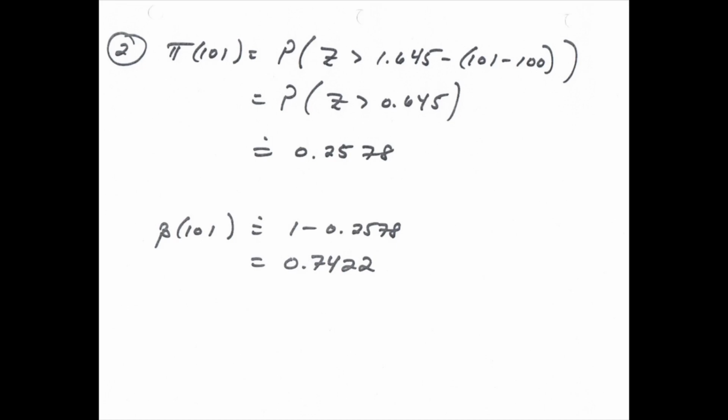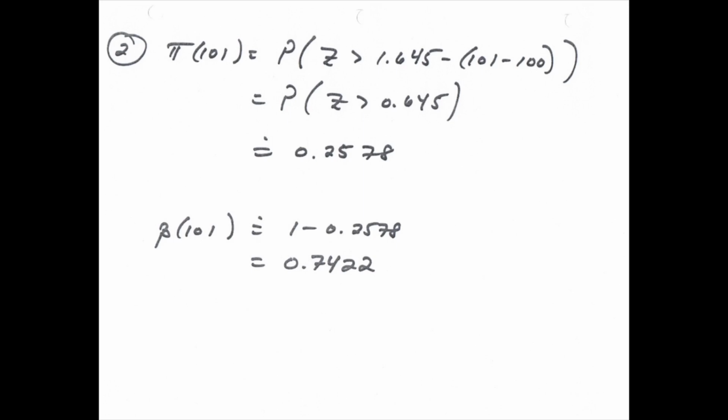And so evaluating the power function at 101, we plug 101 in for mu in that function, and we simplify that expression on the right-hand side of the inequality inside the parentheses. And so we see that the power function evaluated at 101 is equal to the probability that the standard normal random variable exceeds the value 0.645.